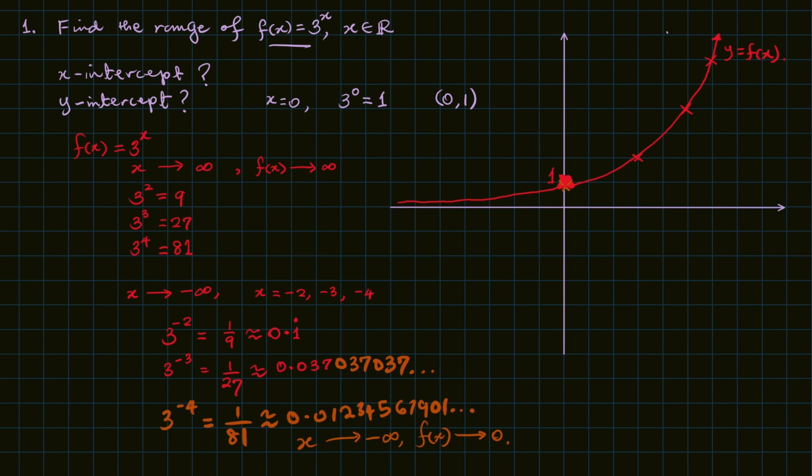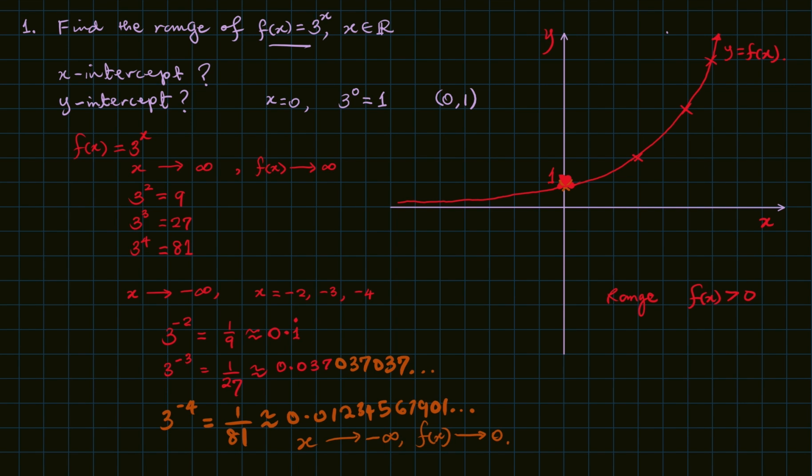We know that this graph does not touch the x-axis, which means that we will say the range, even though it does not touch the x-axis, we know that it gets really close. So anything that is greater than 0 as far as the y-axis is concerned, and then we consider that upwards.